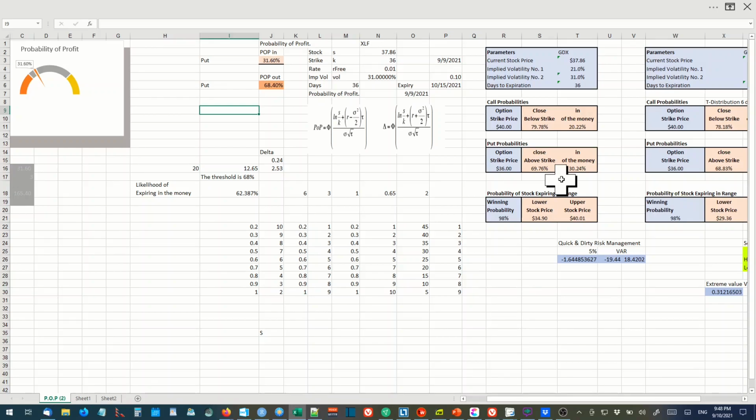The probability is 69.76% that the closing price of the stock will be above the $36 strike, and 30.24% that it will be below the strike.